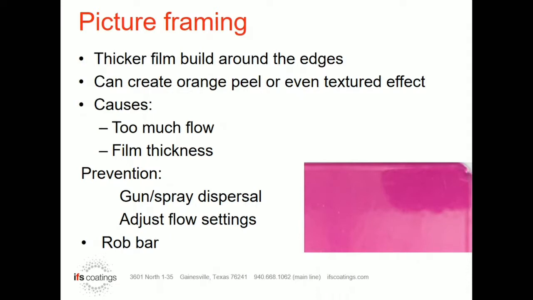That's quite common for people that have Class A surfaces that really can't afford to have any difference in look, and they run the same parts on a regular basis. They're able to build those racks with a robber bar in place and take out some of the instances of causing picture frame.